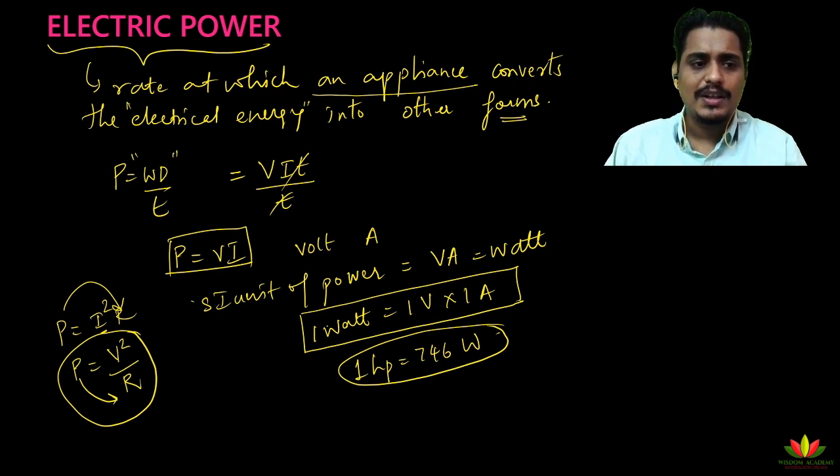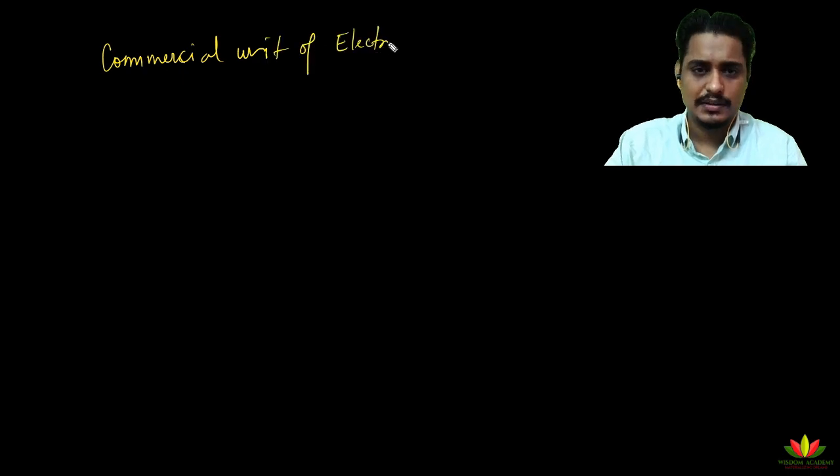Now, what is the commercial unit of electric current? This you have seen in your junior classes, that the commercial unit of electric current is kilowatt hour.